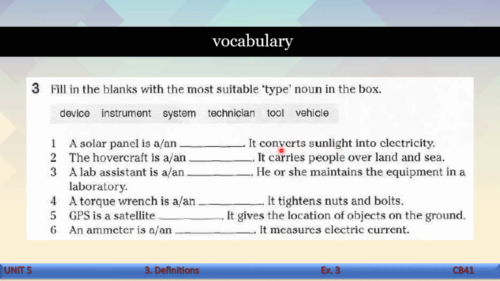You can see that solar panel is made for a particular purpose, that is to convert sunlight into electricity. So it is a device. So we have to cancel an. So our answer is device.